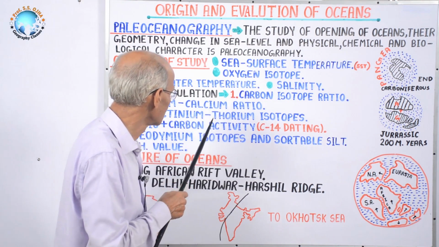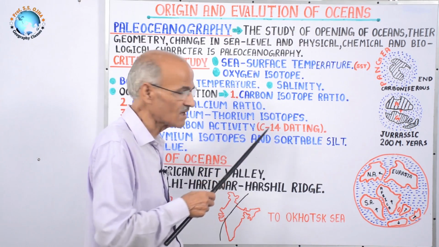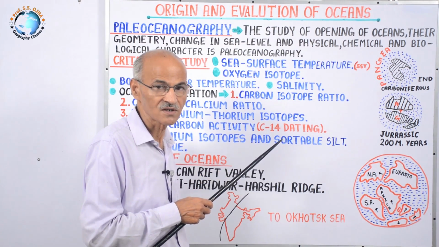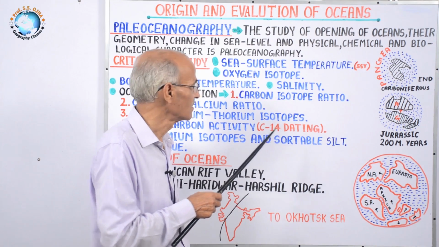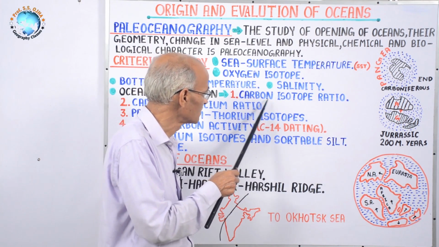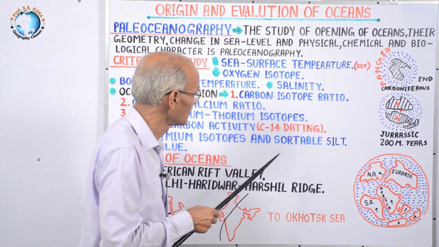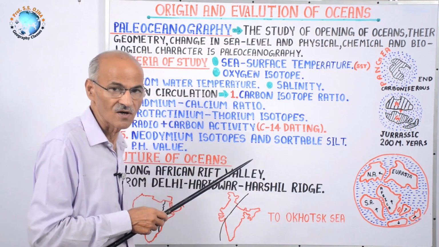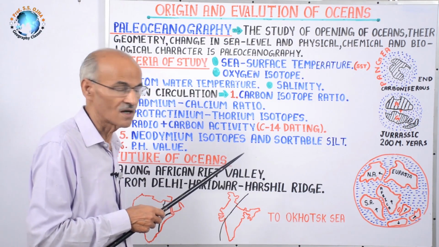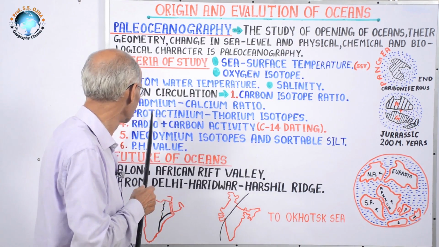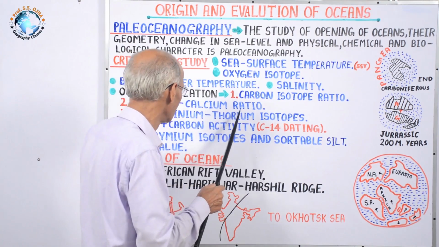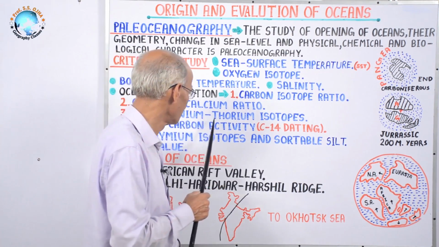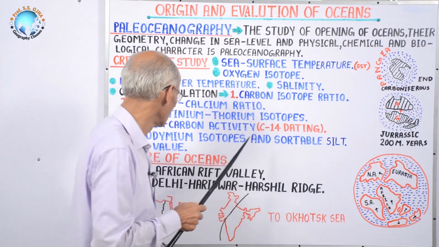In water circulation, there are some chemical studies which help us to know the past chemical condition of the oceans. Number one is carbon isotope ratio, means the amount of carbon in water which is evaporated and solidified. Second is cadmium calcium ratio, and third is protactinium thorium isotope.